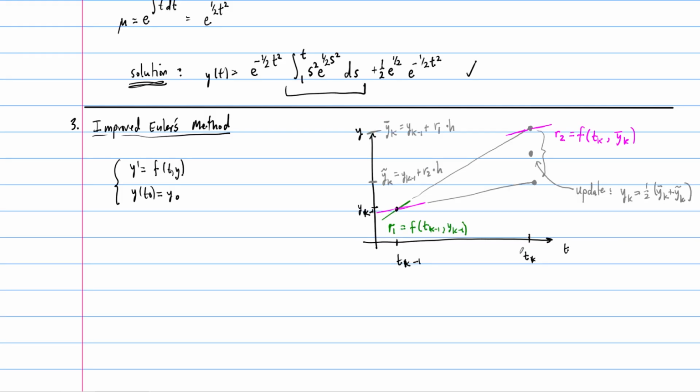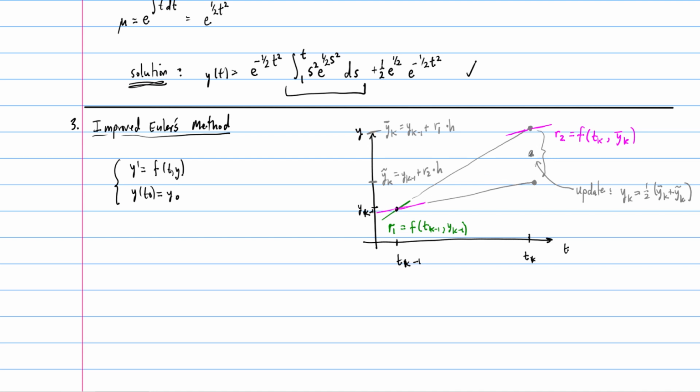All right, so there's an algorithm for this, and like I said, we'll look at code in a few minutes after we talk about the next method. But the idea here is exactly the same. So you take one step, you draw back the new slope, you take a full step, you now have 2 points over here, you take their average height, and that's going to be the height that we use in the update.